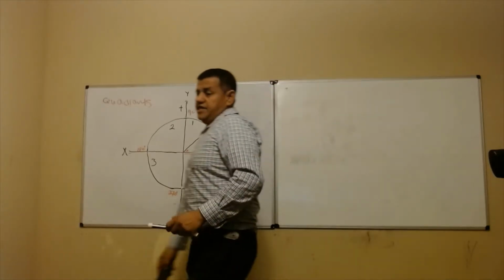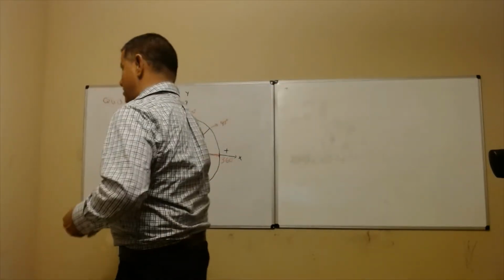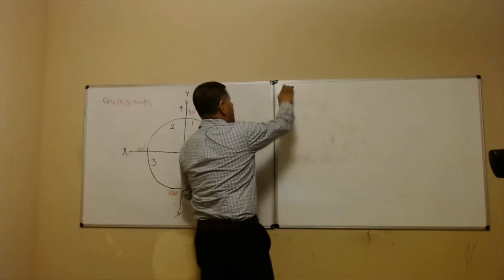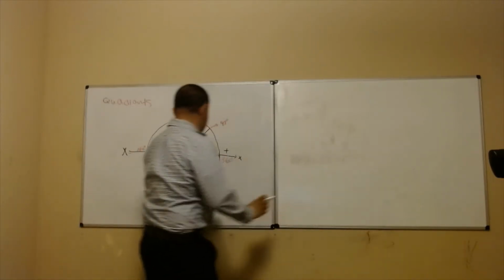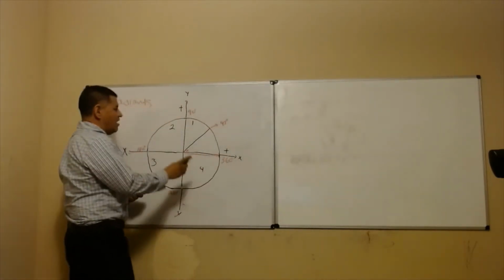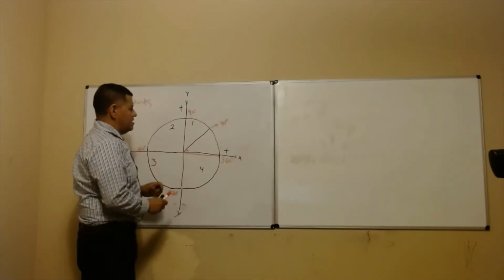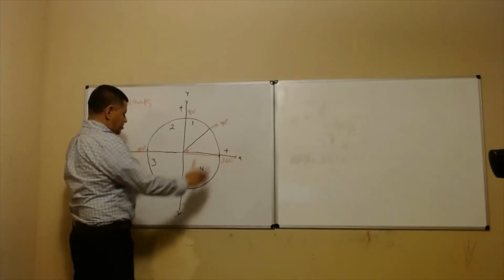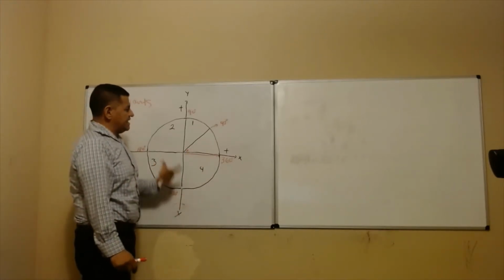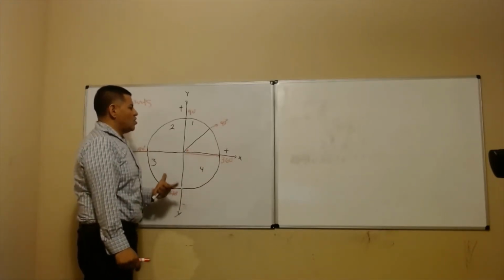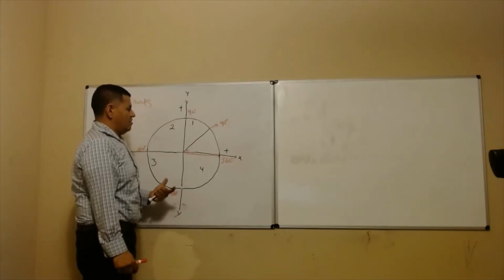And let me explain a little quick how this is used in trigonometry, right? We know that this is the Cartesian plane. This is basically the XY coordinates, right?